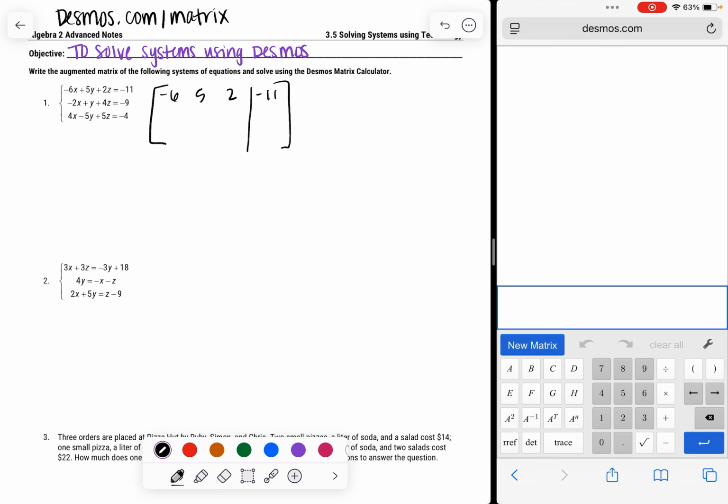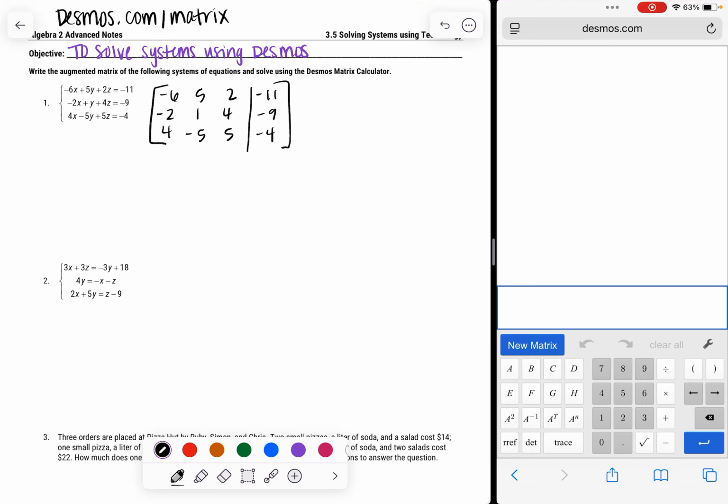You don't have to. And -11. Everything has to be in order. So if I started with X, Y, Z, I need to continue with X, Y, Z. So I'm going to have -2, 1, 4, -9, 4, -5, 5, -4.